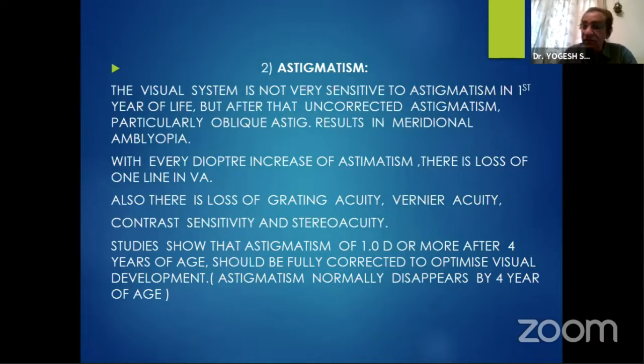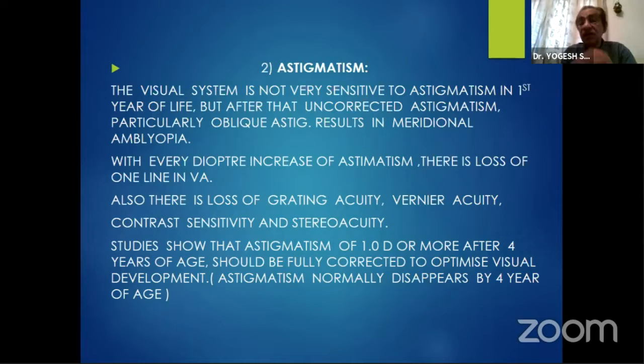We'll come to that later on. Now, just listen. With every diopter increase in astigmatism, there is a loss of one line of visual acuity. That starts after 1 year. Also, there is loss of grating acuity, vernier acuity, contrast sensitivity, and stereo acuity.